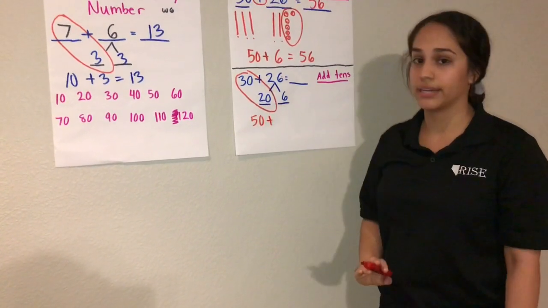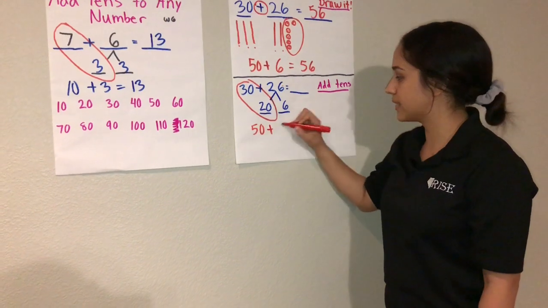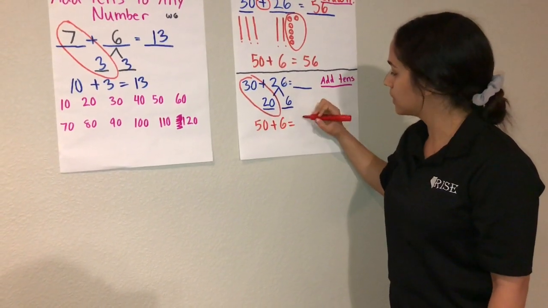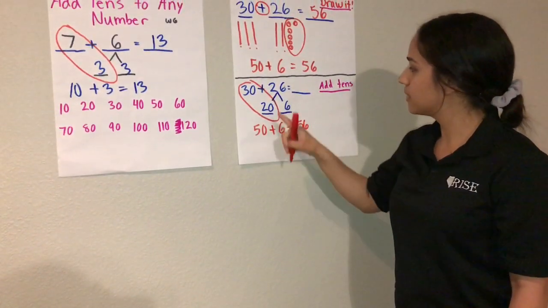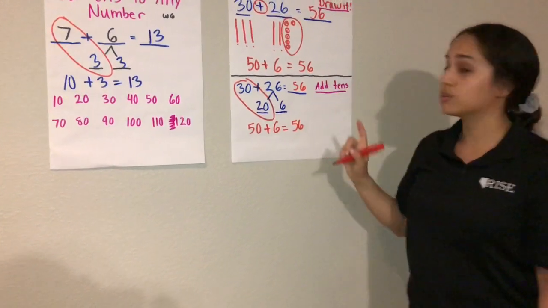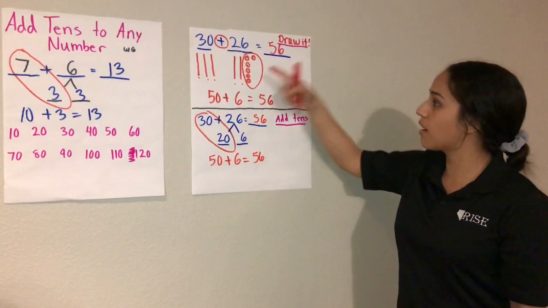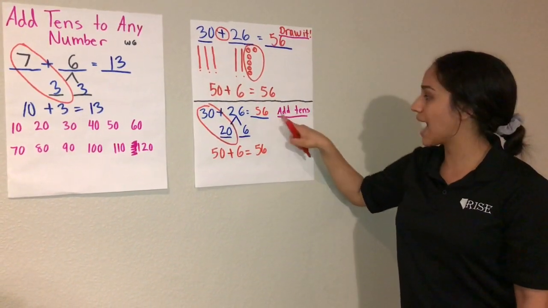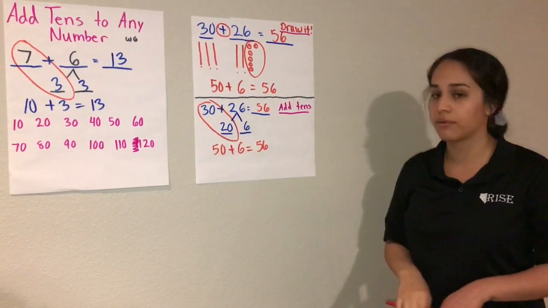I already used the 20. So it's 50 plus 6 equals 56. 30 plus 26 equals 56. So just remember, we sketched it out, and we added tens that way with our number bond.